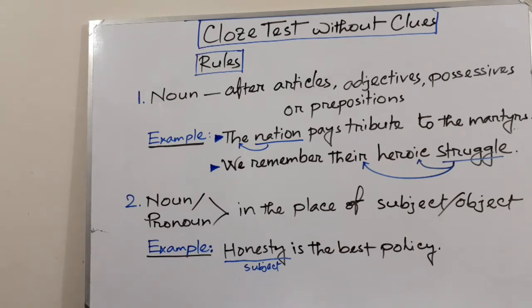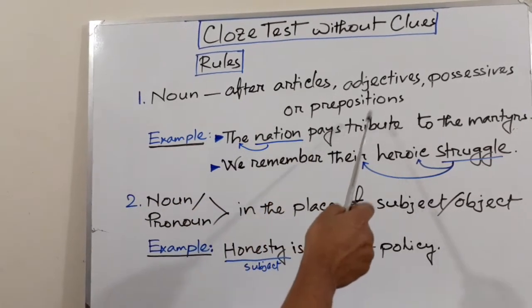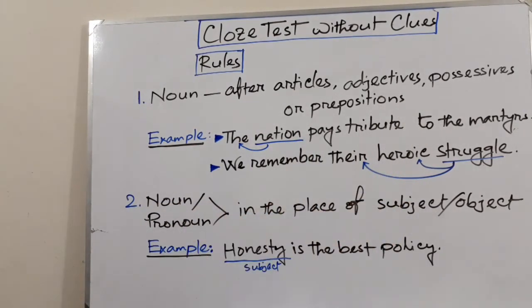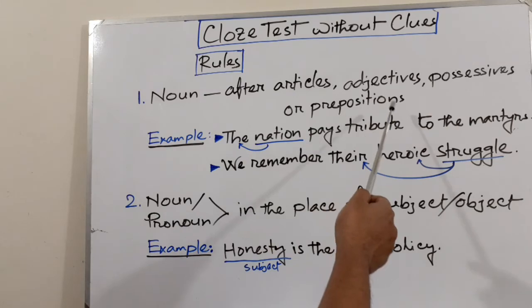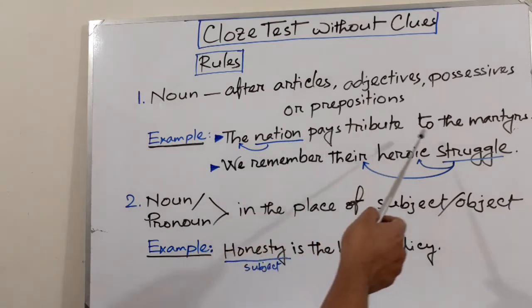The first one you can see on the board: noun after articles, adjectives, possessives or prepositions. It means if the gap comes after any article, adjective, possessive or preposition, then the word in the gap is usually a noun. For example, in the first example, the nation pays tribute to the martyrs.